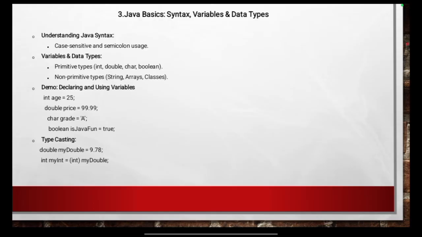Narrowing or manual casting: converting a larger type to a smaller type, which requires explicit casting. double myDouble = 9.78, int myInt = (int) myDouble. In this case, the decimal part 0.78 will be truncated and myInt will store 9.